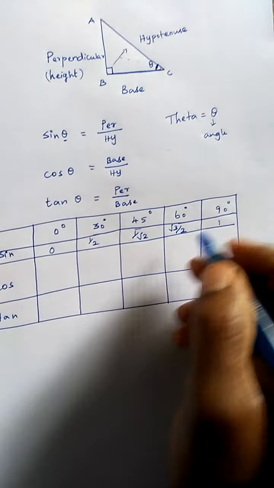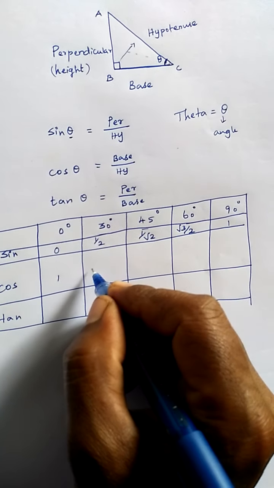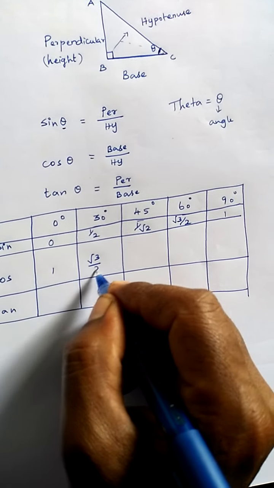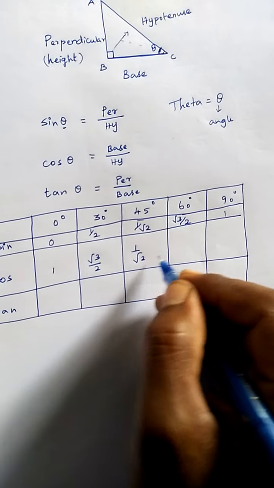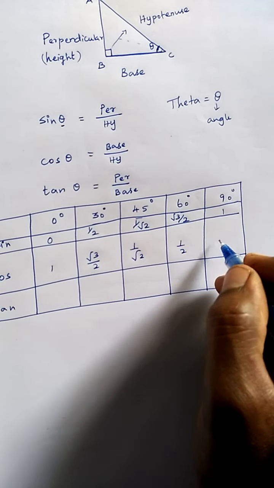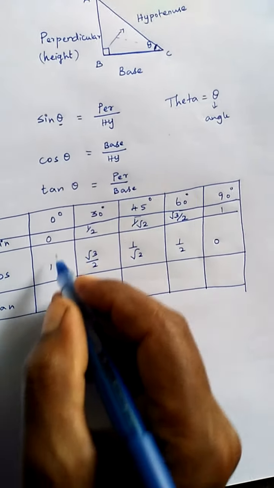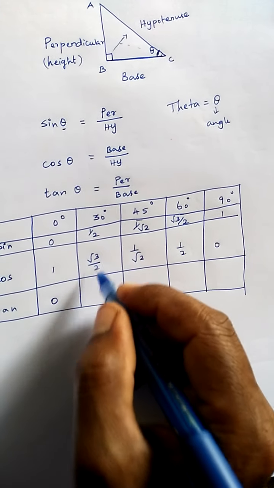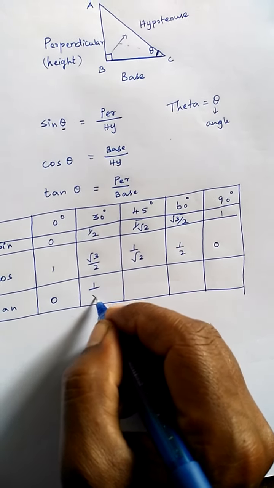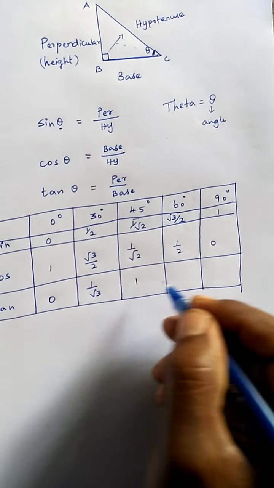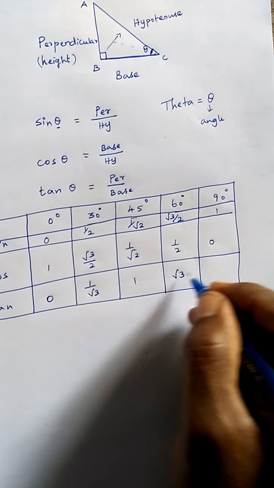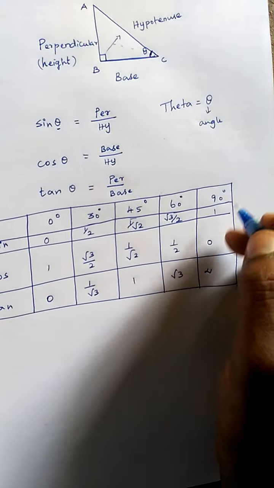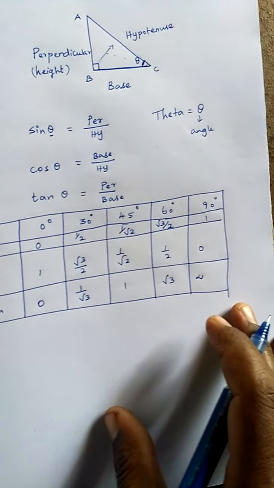For cos theta, just the opposite: 1, root 3 by 2, 1 by root 2, 1 by 2 and 0. For tan, just division: 0, here 2 will get cancelled so 1 by root 3, here 1, here root 3, and this is undefined because 1 by 0 is undefined.